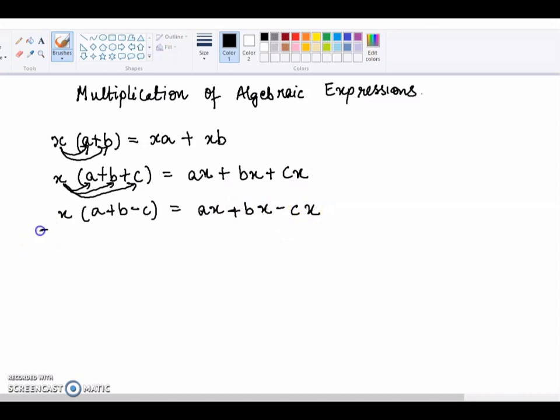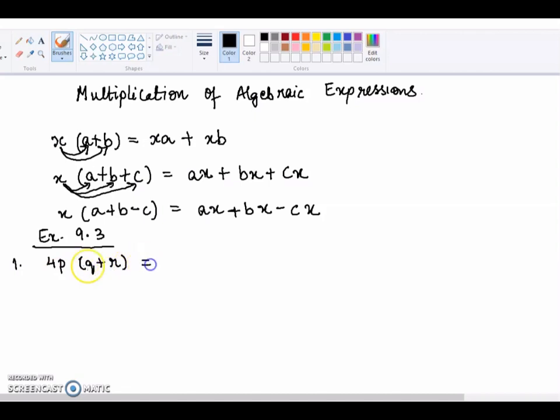So we'll begin with exercise 9.3. Now the first question is 4p into q plus r. This is my first. I have to multiply these two. 4p is my first expression. q plus r is my second expression and I have to multiply them.